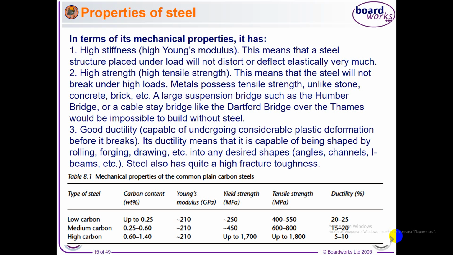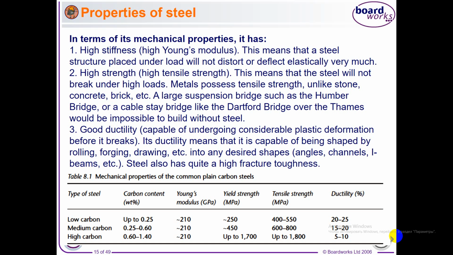So structures and components made from steel can be rather heavy. This is not usually a problem with buildings, but occasionally weight is important, and this can rule out the use of steel.